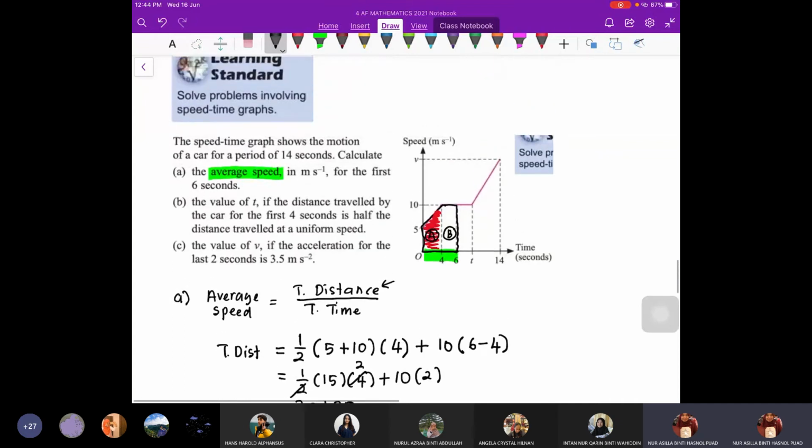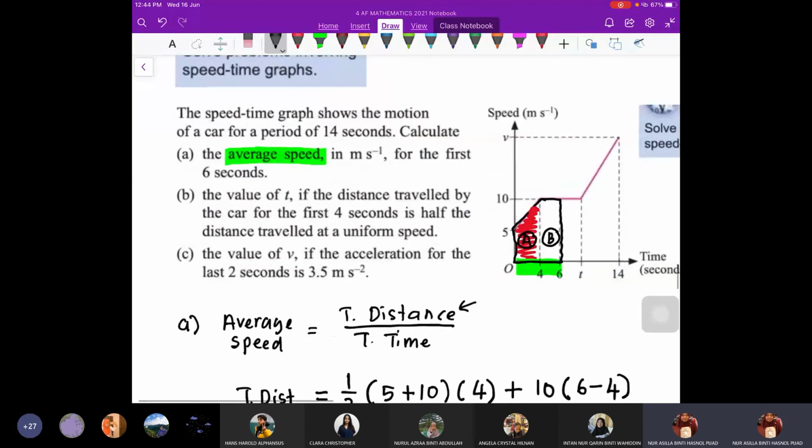Okay, kenapa dia minta average? Kenapa dia guna perkataan average speed? Kenapa dia tak letak speed saja untuk the first 6 second? Saya dah cakap tadi kan average speed adalah untuk keseluruhan graf. Okay, why kenapa dia letak average speed is because the first 4 second dengan 2 saat yang selepas ini from 4 to 6, dia mempunyai speed yang berbeza.